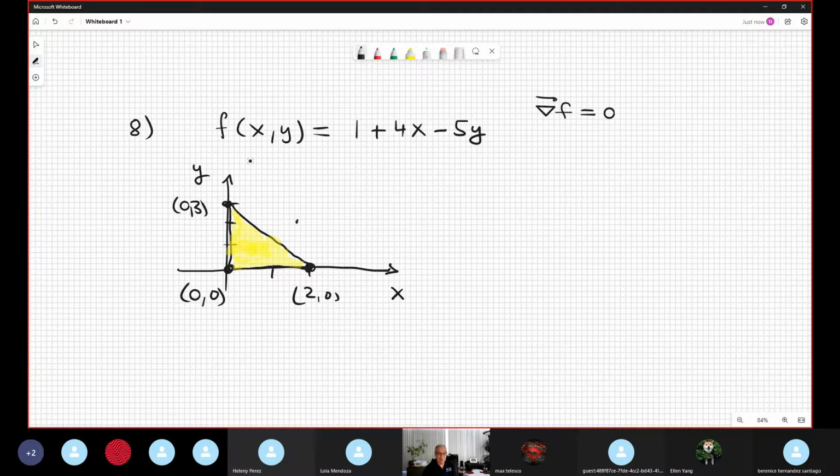The second problem that I feel some students don't understand very well is that we need to navigate the boundary. But the boundary is one dimension. This line, let me call it path 1, is y equals 0.